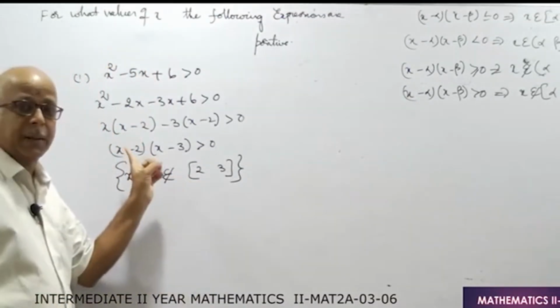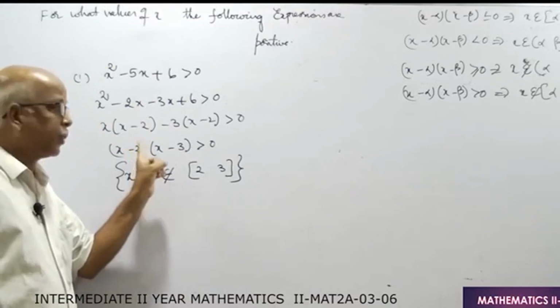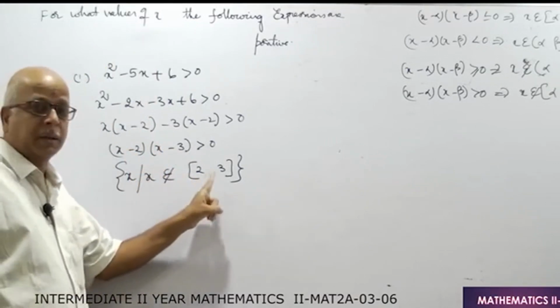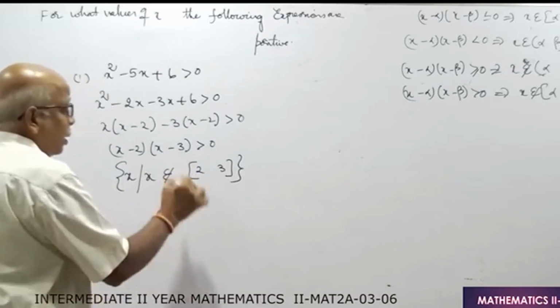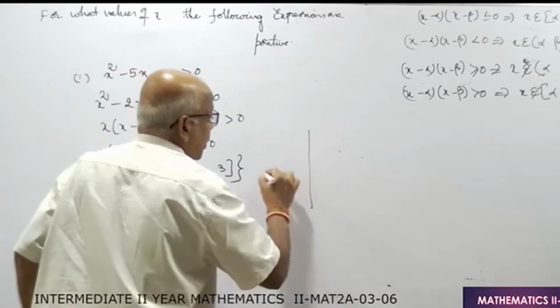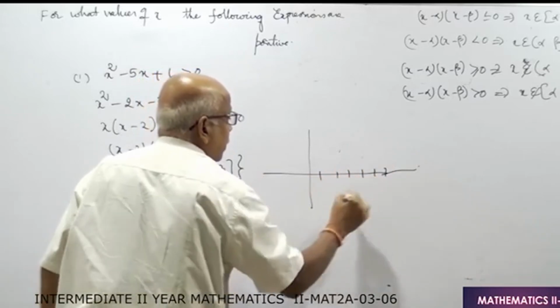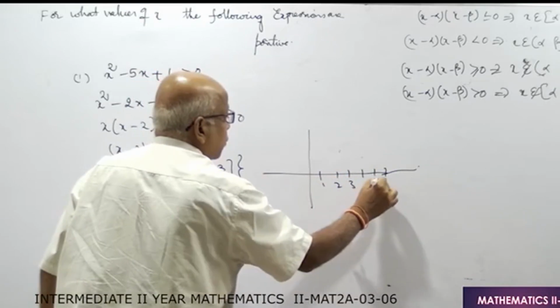That's what I wrote. In the place of alpha we have 2 and in the place of beta we have 3. So x does not belong to 2, 3. What is the meaning of this? Suppose on a graph sheet you mark the numbers like this: 1, 2, 3, 4, 5, 6.